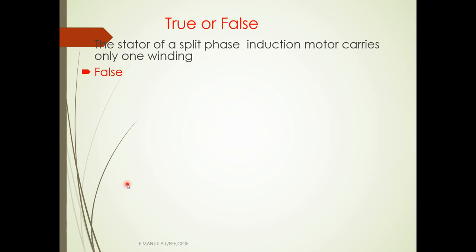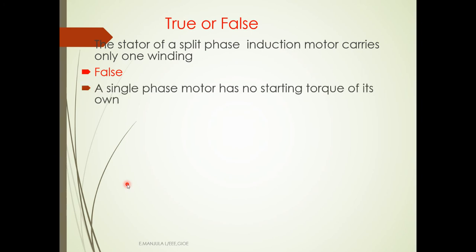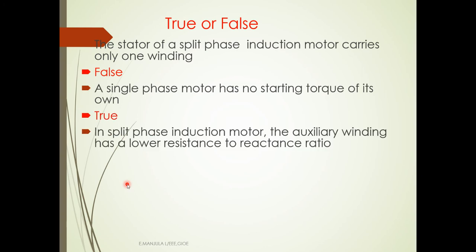The stator of a split phase induction motor carries only one winding? No, false. It has two windings. A single phase motor has no starting torque of its own. Yes, that is true. In a split phase induction motor, the auxiliary winding has a lower resistance to reactance ratio?